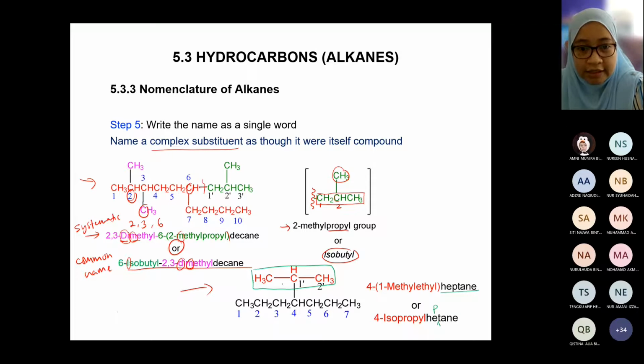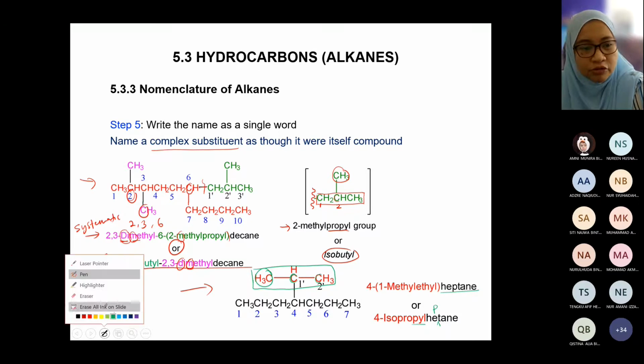See, it has 3 carbons, that's why it is propyl. Iso because this carbon attached to the parent is also attached to 2 of the same group, which is a methyl group. This is based on the common name. So how do we name it based on systematic, guys?